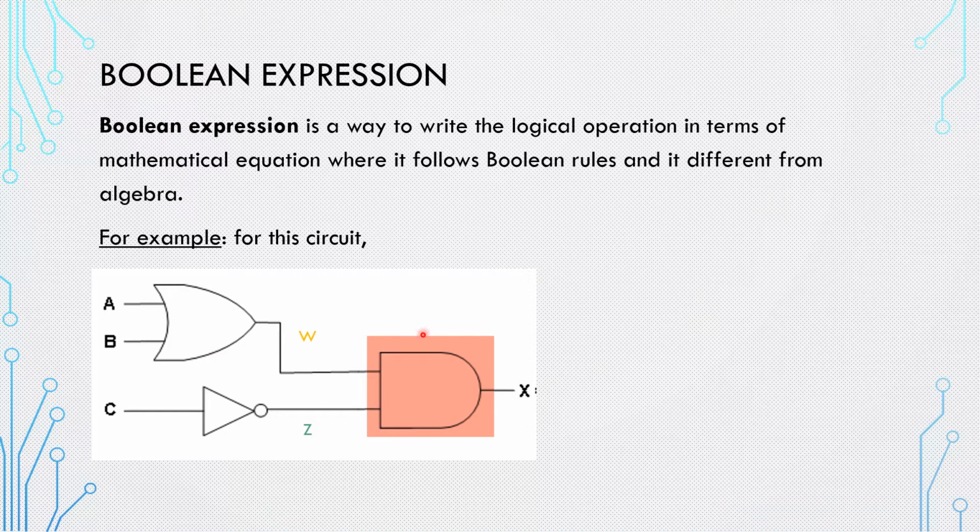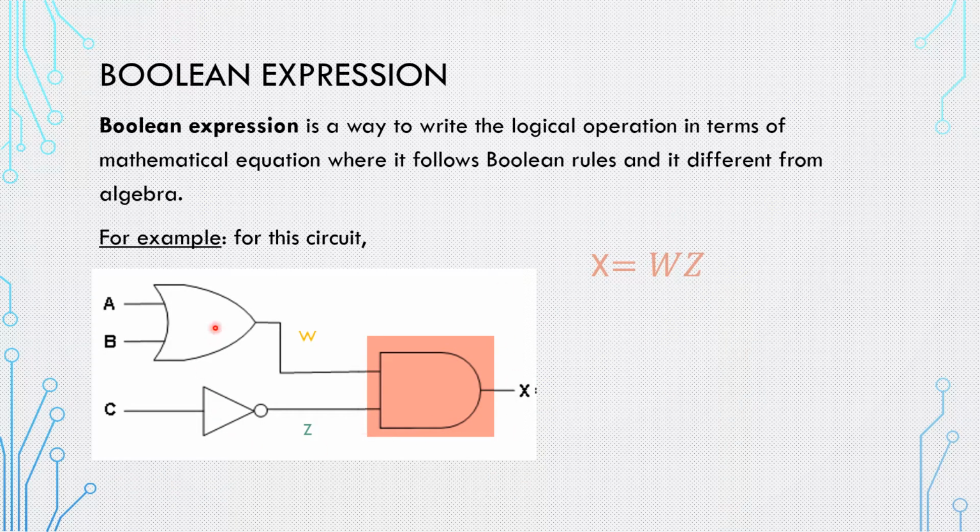This is what we learned last time: each logic gate has a certain operation. If you don't recall, AND should be written as a multiplication. So if I want to write the relation between the output X and W and Z, since these are the inputs entering the gate, this is the relation.